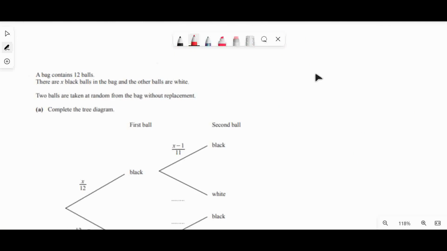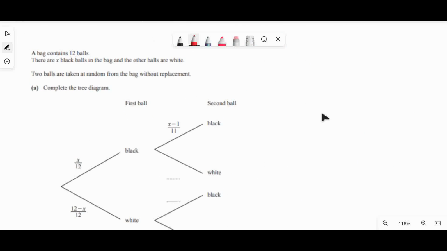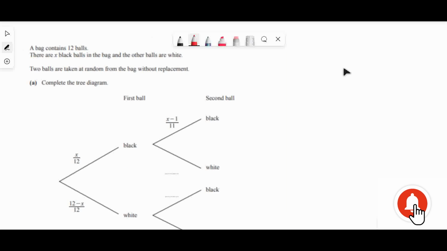Next question. A bag contains 12 balls. There are X black balls in the bag, and the other balls are white. So we can see that we will have 12 balls total.